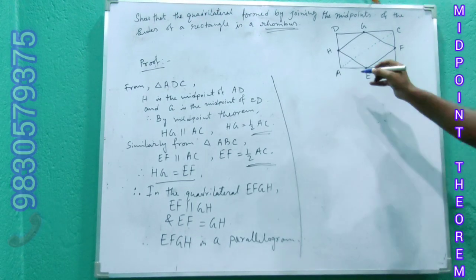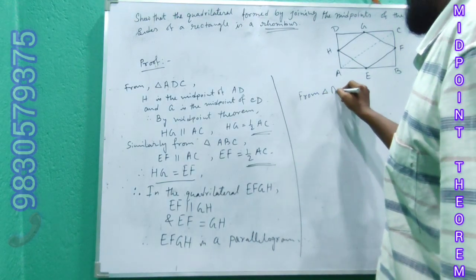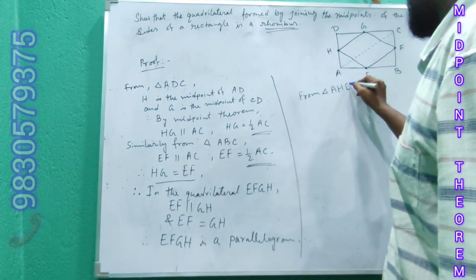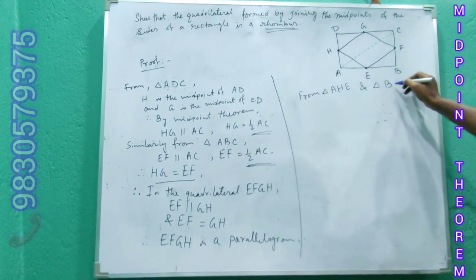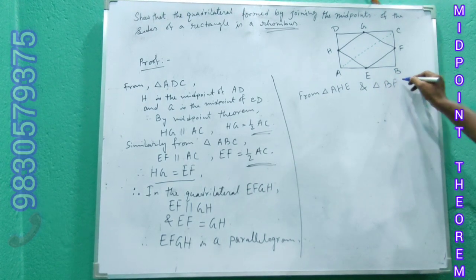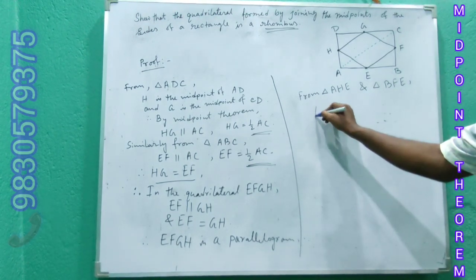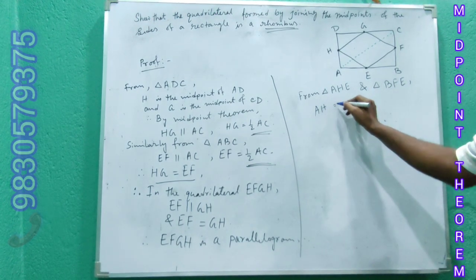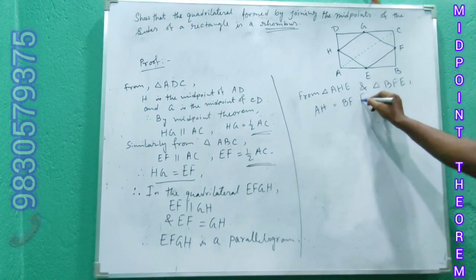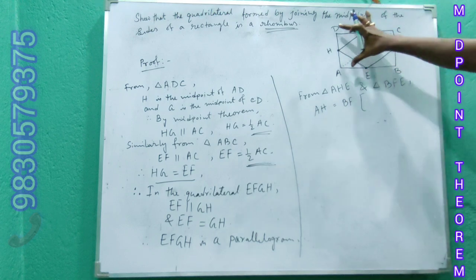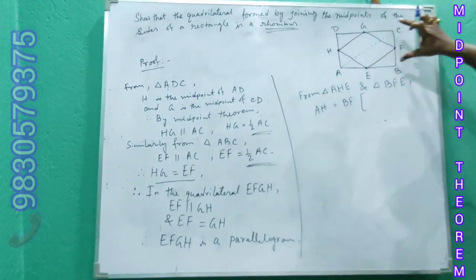See, from triangle AHE and triangle BFE, AH equal to BF, because AD equal to BC, because it is a rectangle.